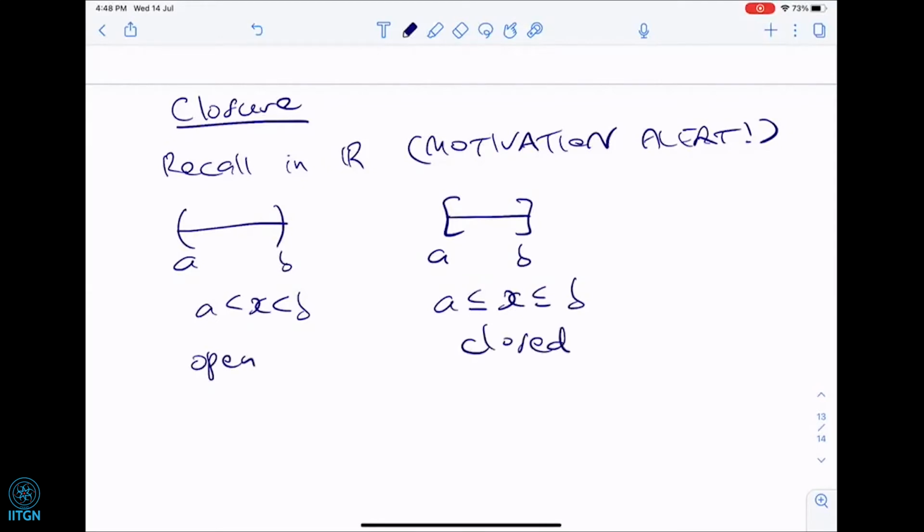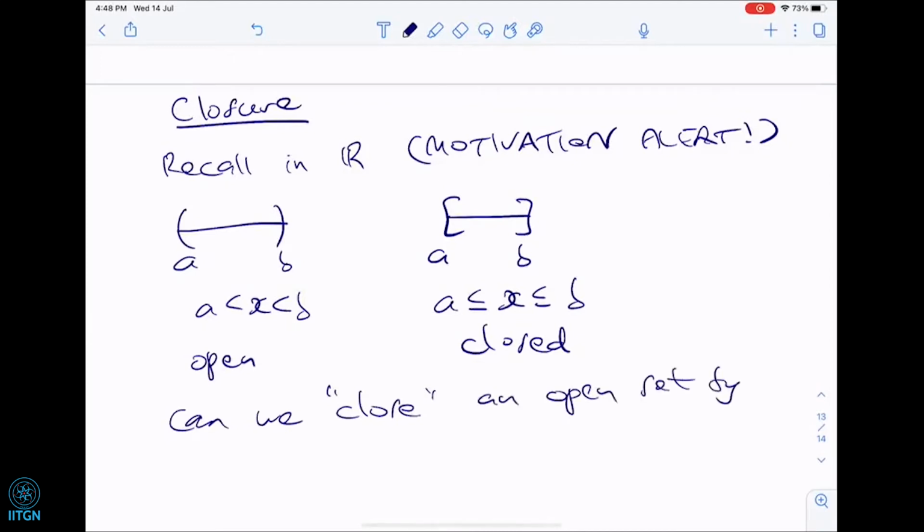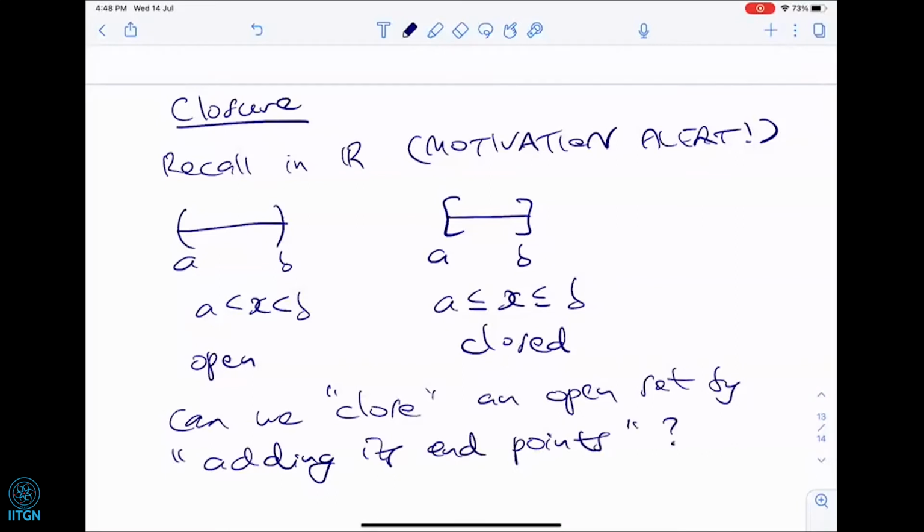So this gives us a kind of thought which may come to us. Can we "close" an open set by "adding" its "endpoints"? Okay, the things I've put in quotes are things which are not at the moment well defined. It's just an intuitive question.